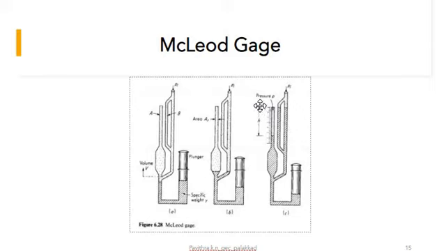Here you can see a scale, and at the top you can see the zero mark. So when the level in capillary B touches the zero mark, the pressure at that particular point is the pressure that is to be calculated.